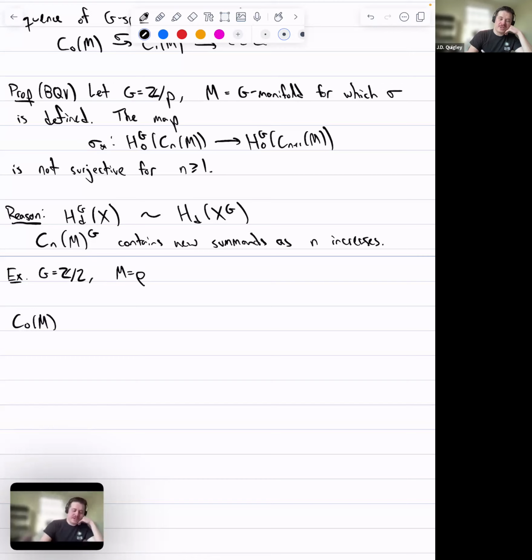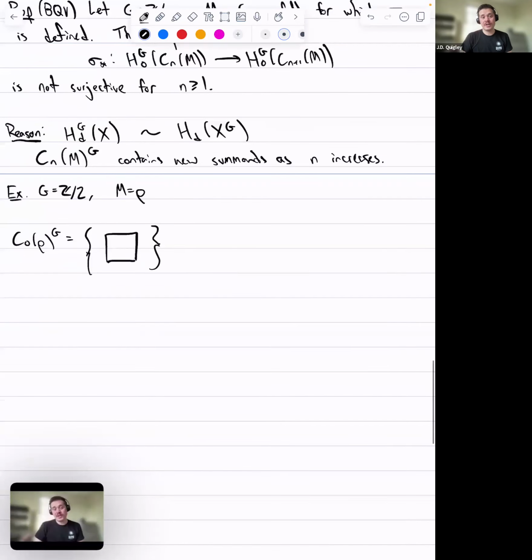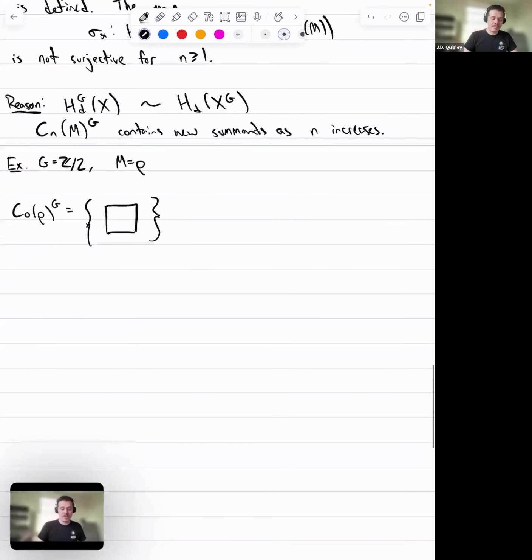If I take configurations of 0 points inside of rho, and then take fixed points, configurations of 0 points are pretty boring. It's just an empty configuration. So of course that is fixed under the complex conjugation action.